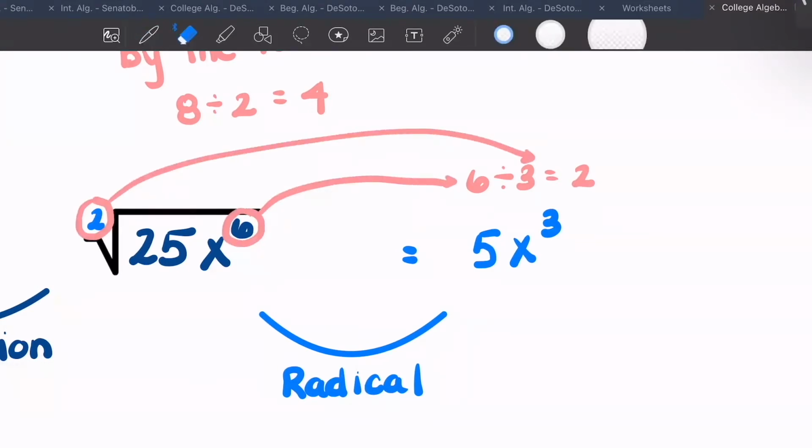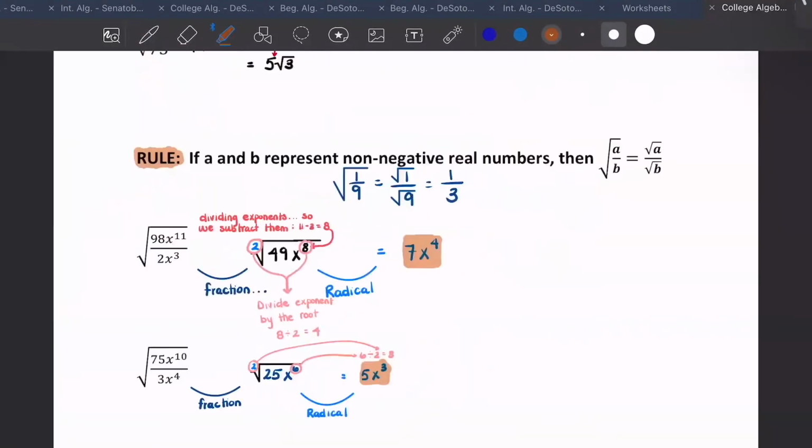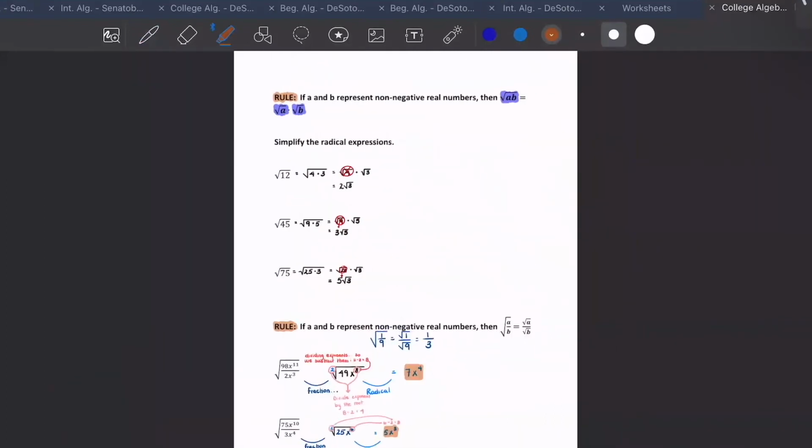I'm sorry, I wrote that wrong. 6 divided by 2 gave me 3, my bad. There we go. And so your answer is 5x cubed, okay? So all I did was I gave you 2 rules. I gave you one for multiplication, one for division, all right?